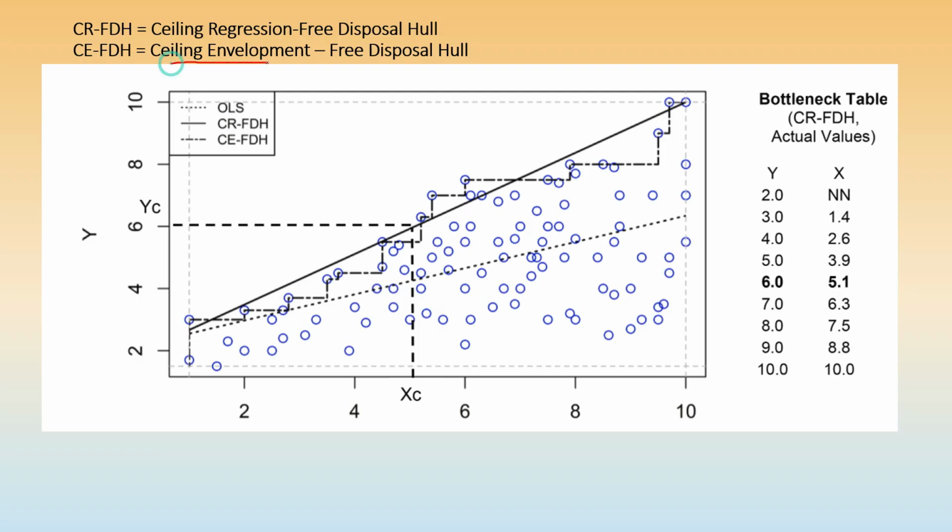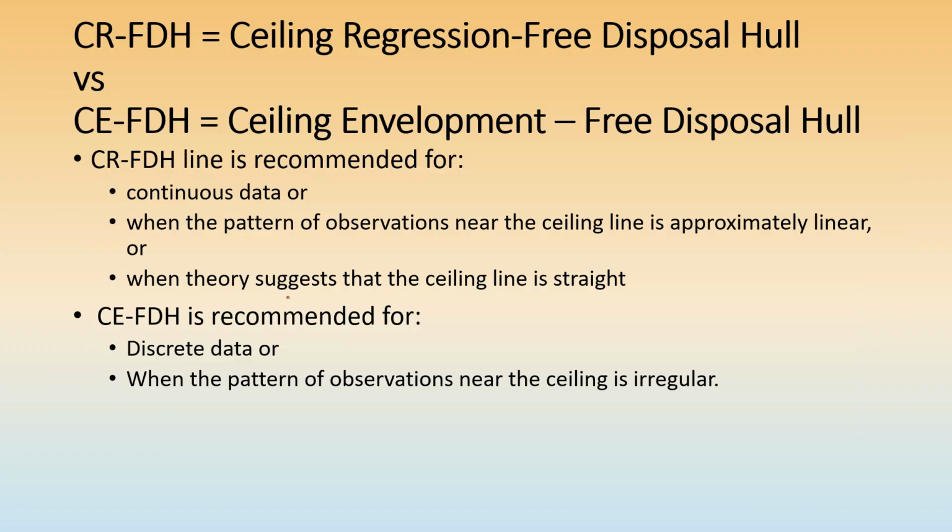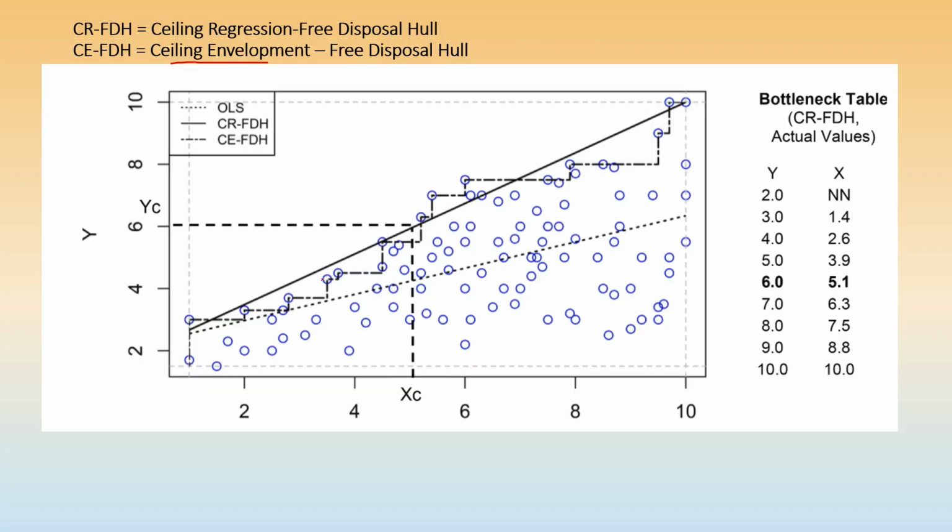The ceiling envelopment line is the one that joins the topmost points in the scatter plot. It is abbreviated as CE-FDH, ceiling envelopment free disposal hull, and the other line is CR-FDH, or ceiling regression free disposal hull line.